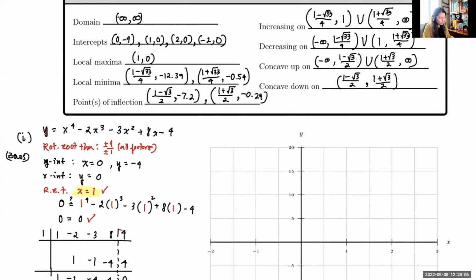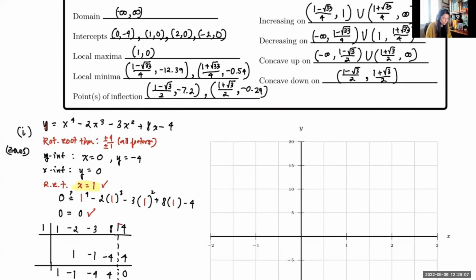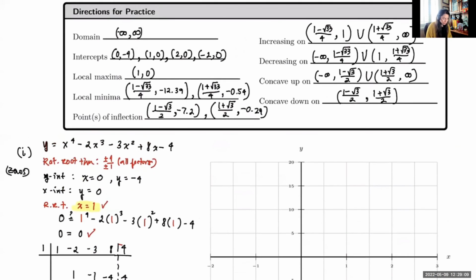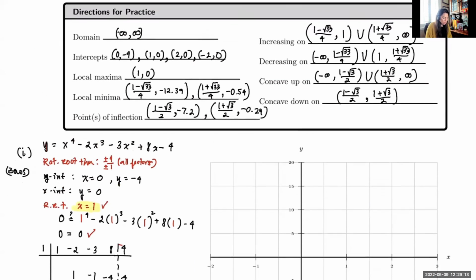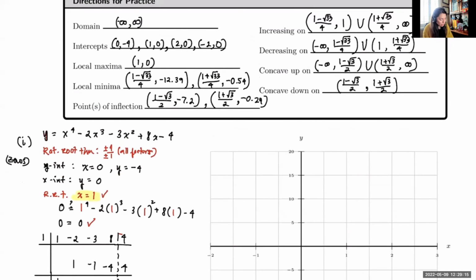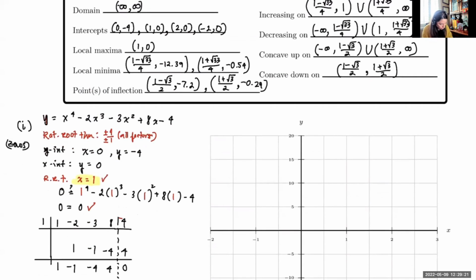So you can see all the work that I did to graph, and then all that's left is really to graph it here using everything on this. So we have here, let's go ahead and graph the intercepts at 0, -4, right? 1, 0 is a bouncing multiplicity 2, 0, and then 2, 0, and -2, 0.